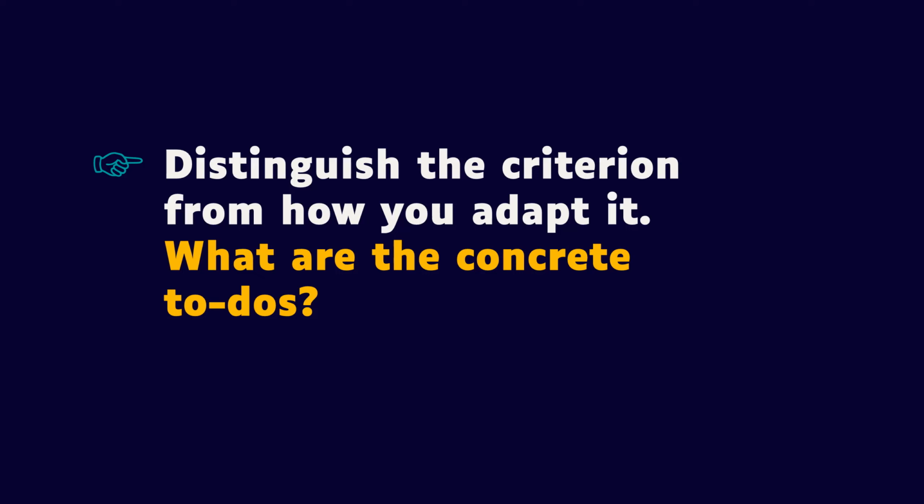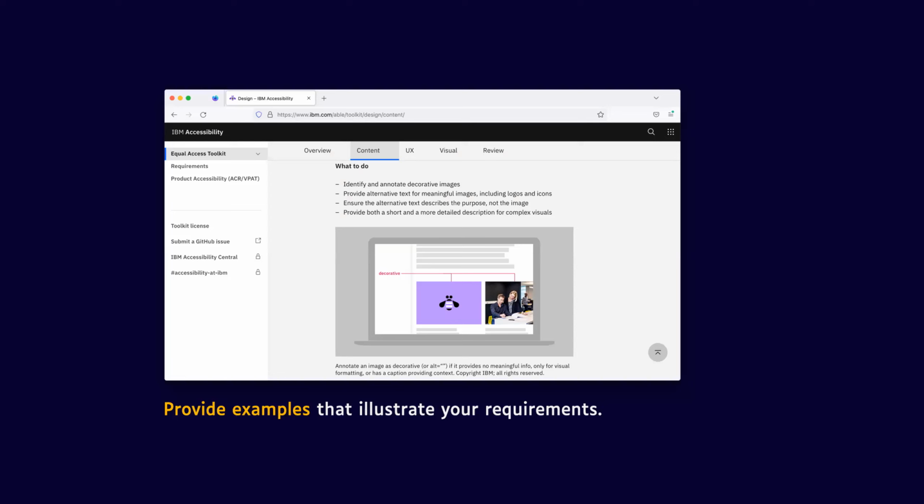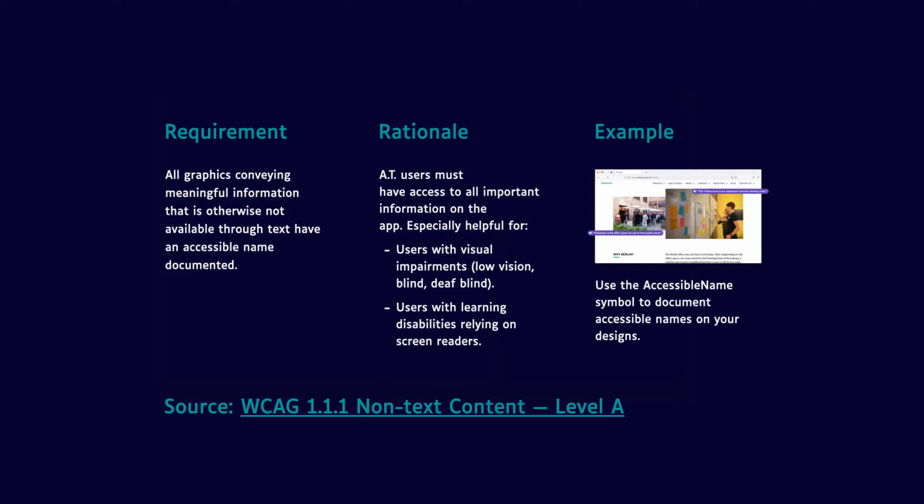One example of a good practice would be to provide examples that illustrate your requirements. For instance, the IBM Equal Access Toolkit, for this specific criterion, provides examples of how the design should be annotated depending on the different cases. And I think this basically summarizes my recommendations for crafting the checklist itself.